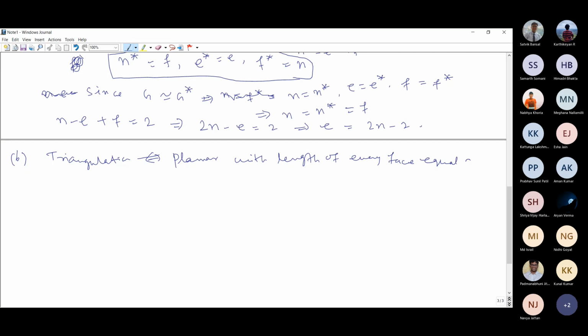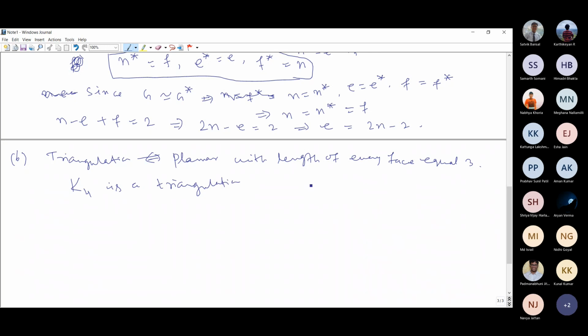For example, this K4 is a triangulation, right? K4 is one example of a triangulation, where the length of every face is equal to 3.